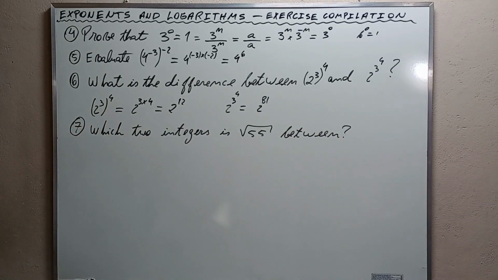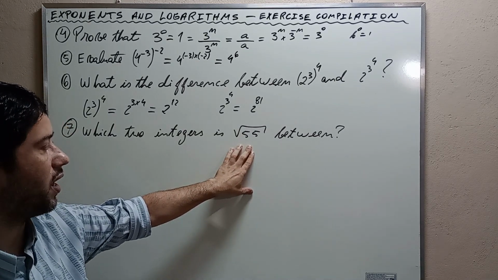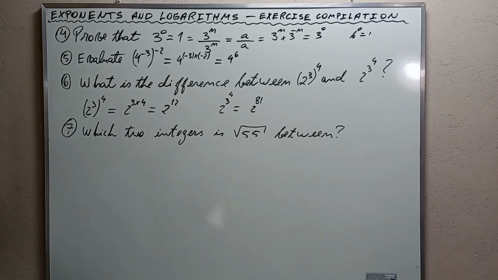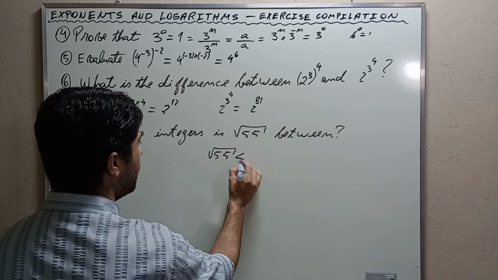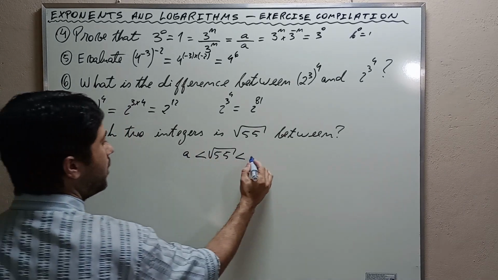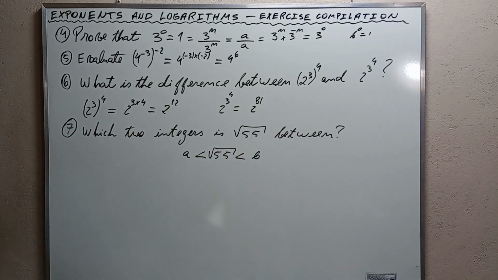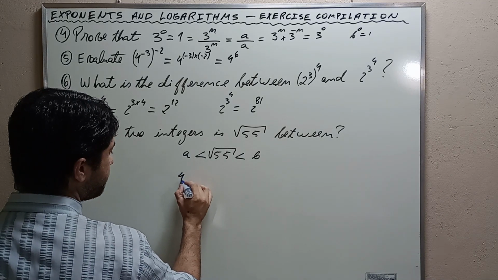What we need to do is to find the closest numbers to 55 that have integer square roots, okay? So in such a way, the square root of 55 is going to be between A and B. And what is the lowest number closest to 55 that has an integer square root? It is going to be 49.